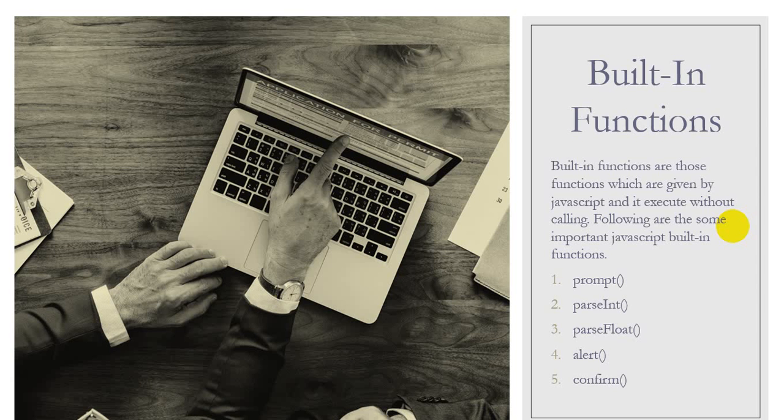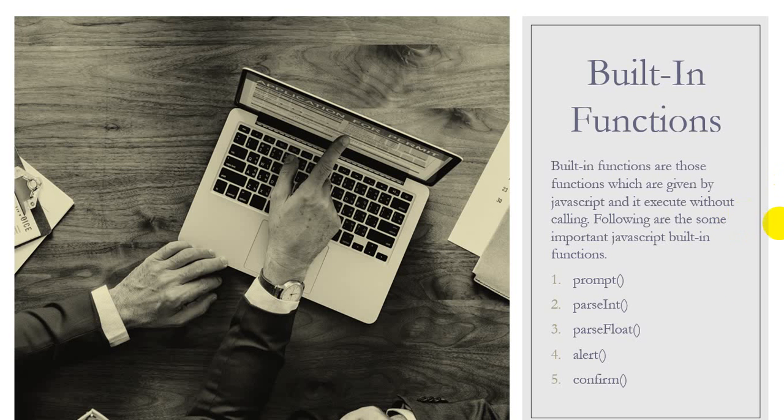So the basic objective of prompt is to take input from the user. Who is the user? The person who uses your website, your program or your application is called a user. So the user can enter some value by using prompt.